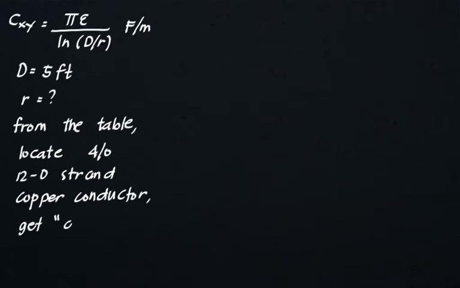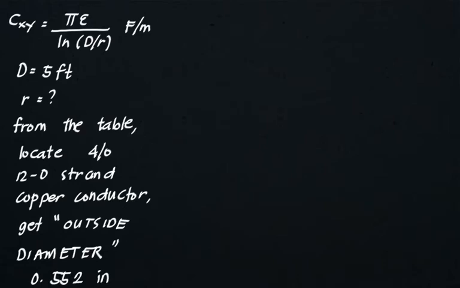You have to get the outside diameter. So from the table, you get the outside diameter for the 4012 strand conductor, meaning your outside diameter is 0.552 inch.